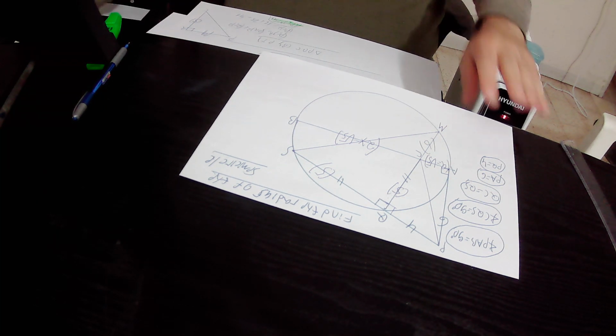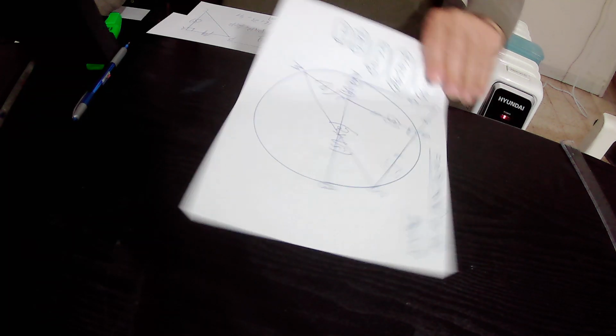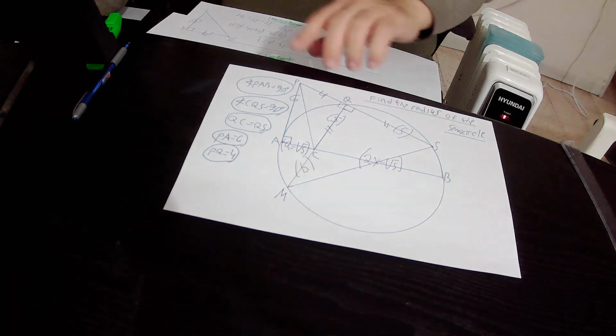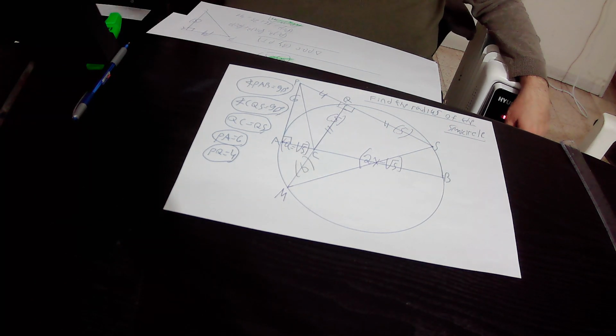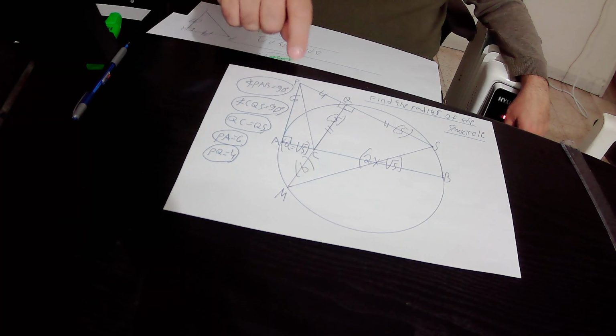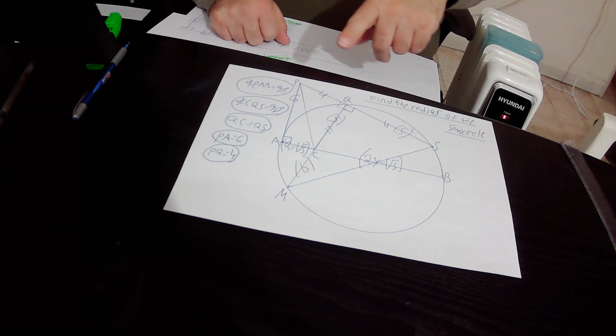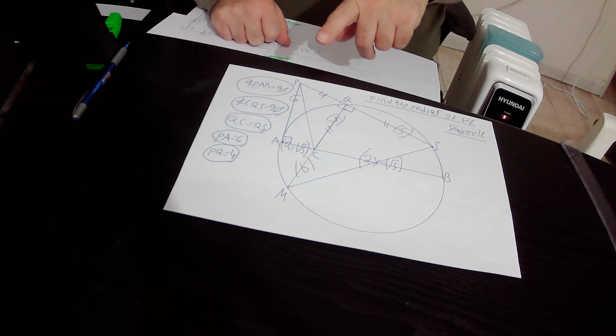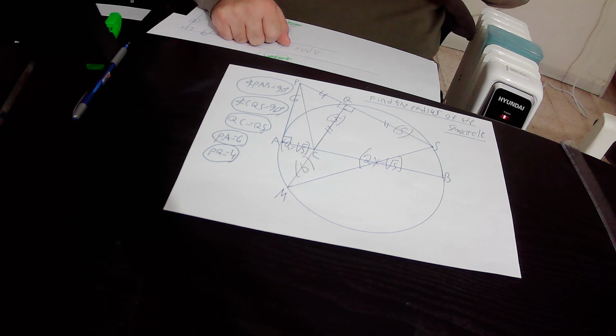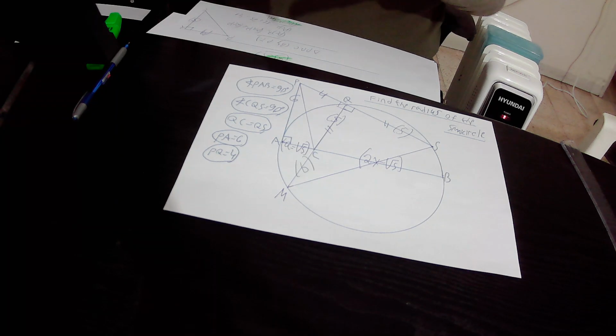Why? Because in our drawing, if we focus at point P, from point P we have tangent PA to this circle, tangent at point A, and we have line segment PS that cuts the semicircle at points Q and S. For that reason, we can implement rule number 10 here.